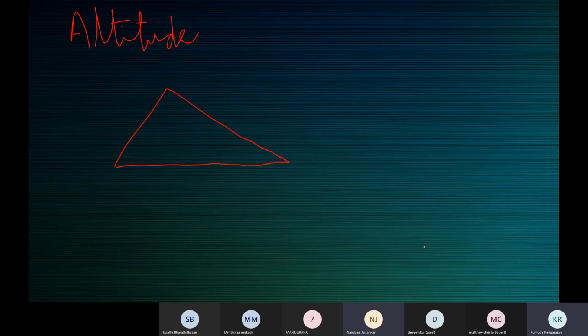If there are two 90 degree angles, it will not be a triangle, it will be a square. Correct. In a triangle, there can be only one angle with measure 90 degrees. There cannot be another 90 degree angle, because 90 plus 90 is already 180. So the angle sum property of a triangle will not be satisfied, and it will not be a triangle at all.